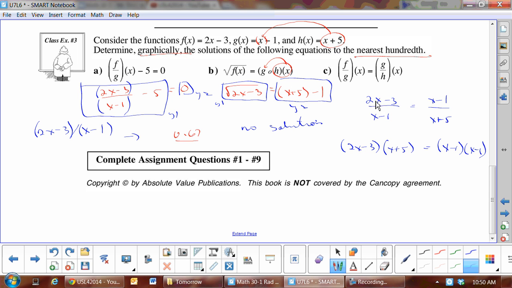So don't go and put this into your calculator because it will give you different answers than this. In fact, even when you algebraically solve this, what if you get x equals 1 and 7? Are you guys going to be wise enough to go, x cannot equal 1 or negative 5.